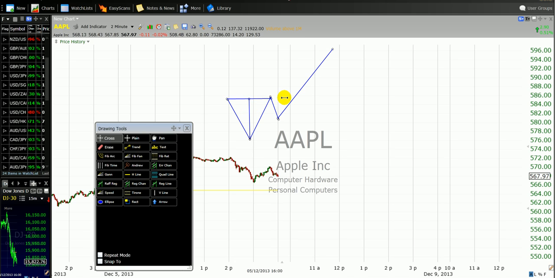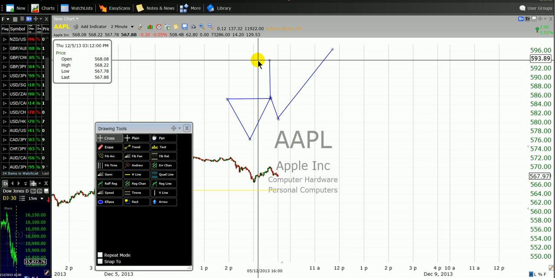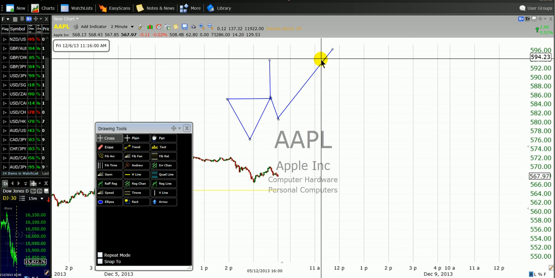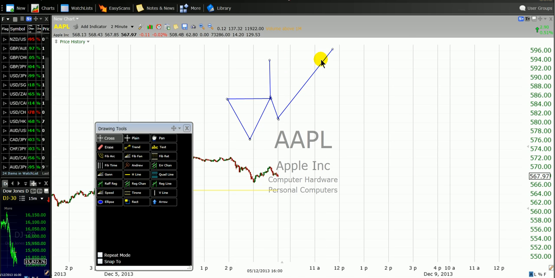As the price goes above the neckline, professionals will set their target. They will see the depth of this triangle here. They will move it to the neckline, and the neckline is the target zone. So as the price crosses the target line and starts going up, they will set the target here and they will take profit here. This is the first pattern.